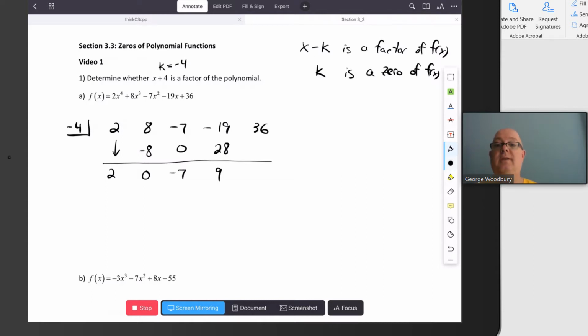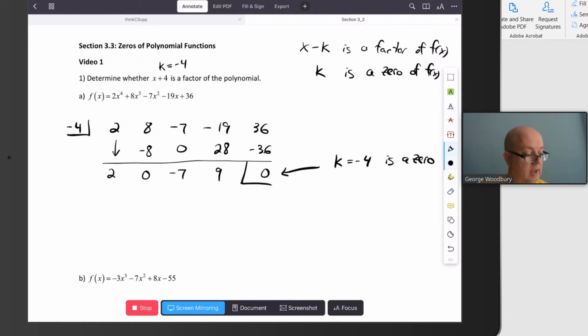And then finally, -4 times 9 is -36. 36 plus -36 is 0. Because that remainder is 0, k equals -4 is a 0, and x plus 4 is a factor of f of x.